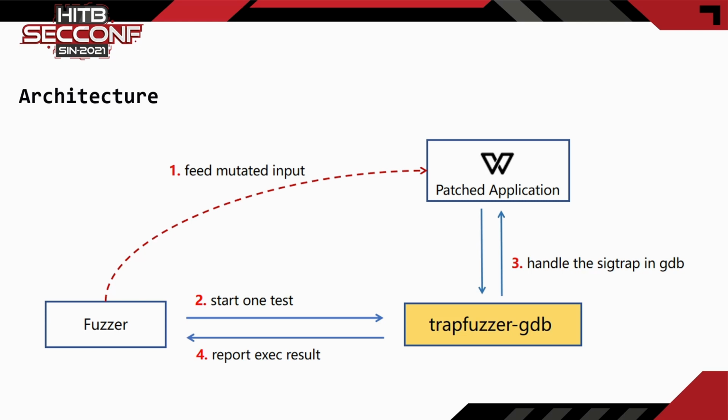First, the fuzzer generates a new test case. Then the fuzzer informs trapfuzzer GDB to start one fuzz task through the socket, and the tracer will start the target process. If a breakpoint event is triggered during the execution of the target process, trapfuzzer GDB will handle it. Trapfuzzer GDB will return the execution information to the fuzzer.